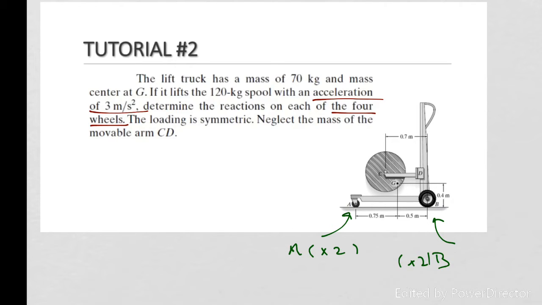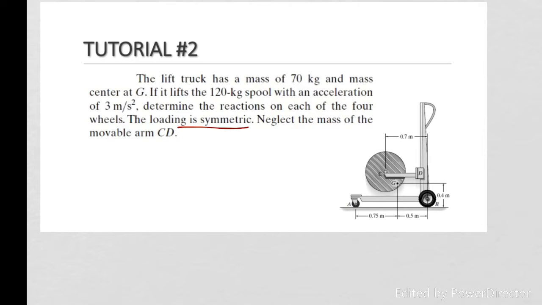Okay, so that is something we need to be careful about and take a look at. Then what we need to determine is the reaction at these 4 wheels. And the loading is symmetric, which means that it doesn't have any imbalance.